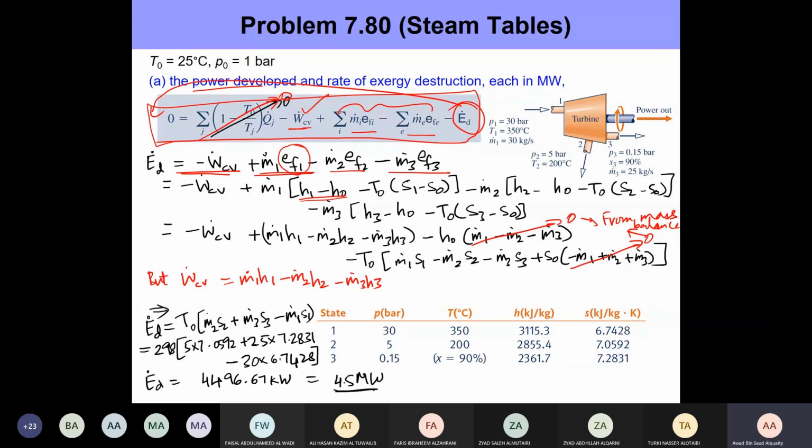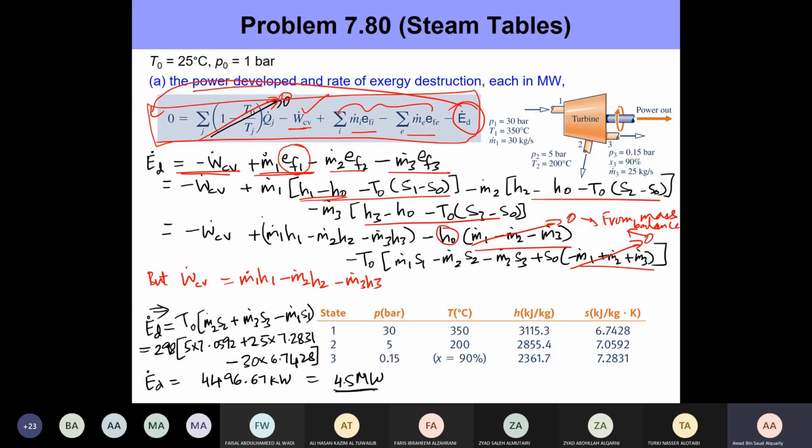So this is the expanded form of EF1, EF2, EF3, and once you combine the terms for H0, you will see that it basically gets cancelled out because it comes as H0 times m.1 minus m.2 minus m.3. So this part is simply zero from the mass balance, and the same way these get cancelled out.